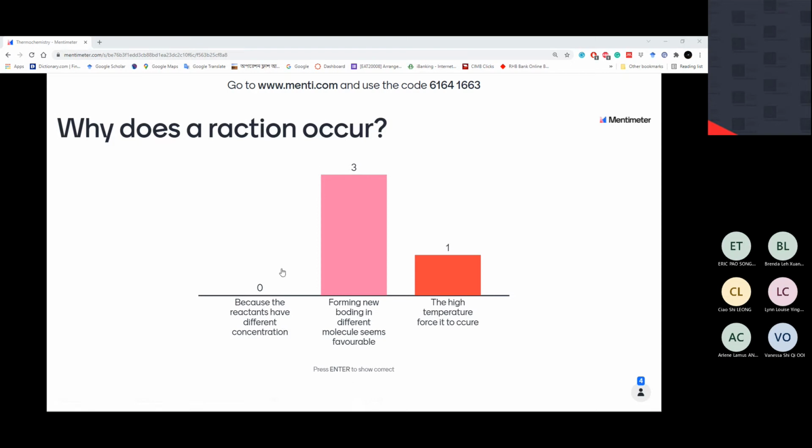The 4 votes I got, another 2. Other students just left. Okay, so it looks like it's going to be a tie.